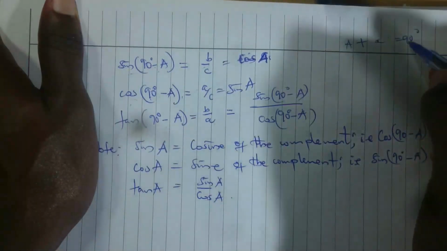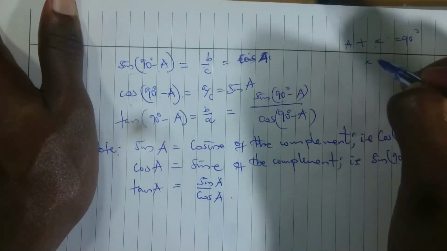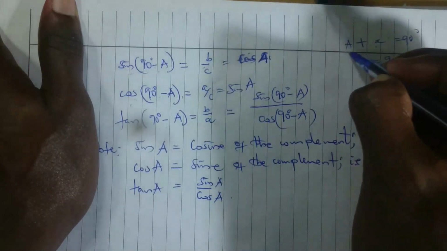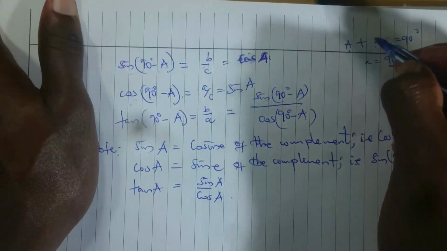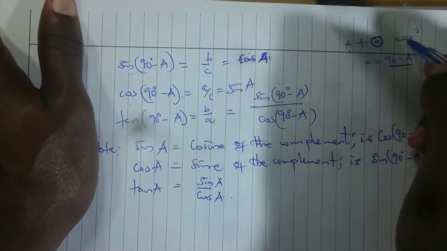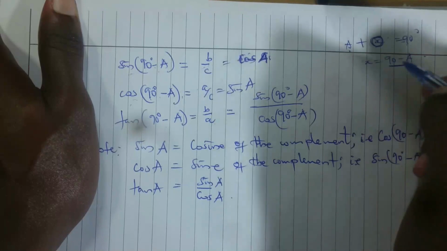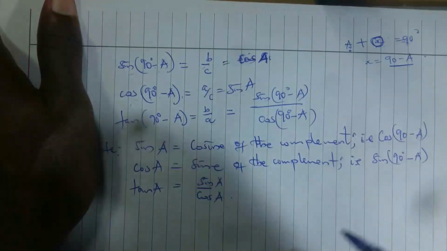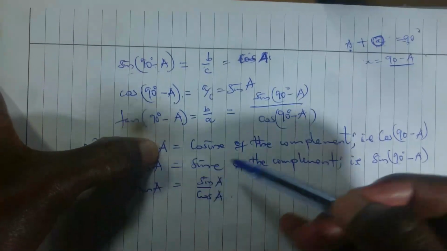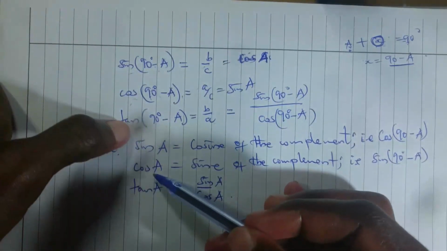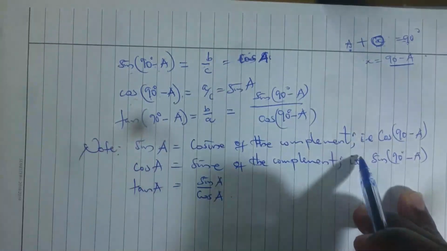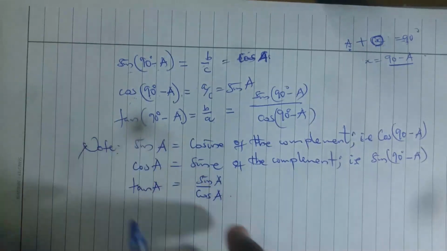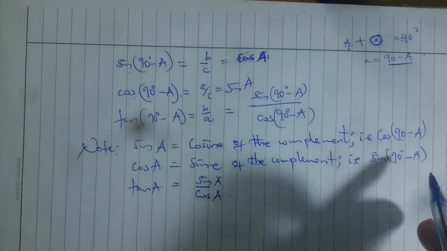So our x is actually 90 minus A, which means 90 minus A is the complement of A. So complementary angles add up to 90 degrees. Complement of A is 90 minus A. That's all I can say about that.